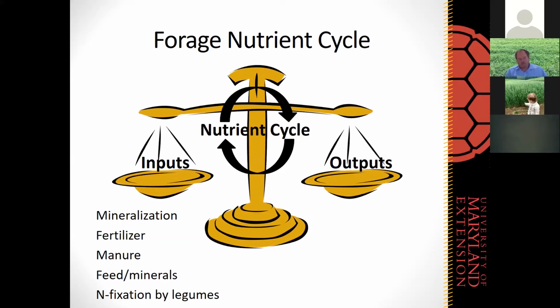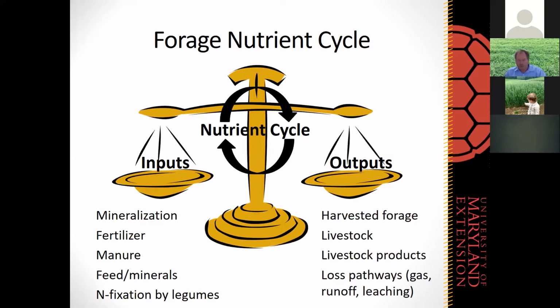Inputs come from mineralization, so when organic material that's naturally in the soil mineralizes, it's converted into components that the plants can actually use. That's a major input. Others are fertilizers that we put on, manure, and feed and minerals that we're feeding to our livestock. And a big one for forages, of course, is nitrogen fixation by legumes.